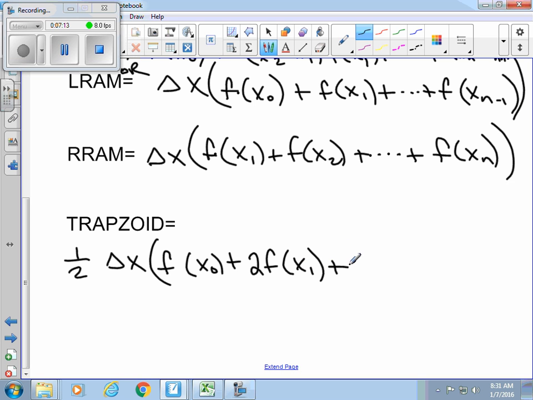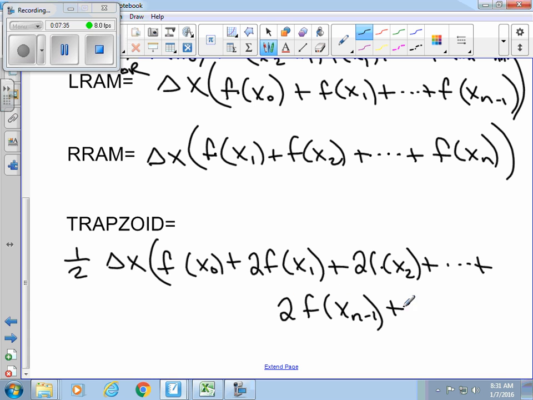Because you have a left-hand trapezoid and a right trapezoid, and they're both going to get f of x sub 1. So 2f of x sub 2, 2 times f of x sub n minus 1. But what about the last one? Only one of those.